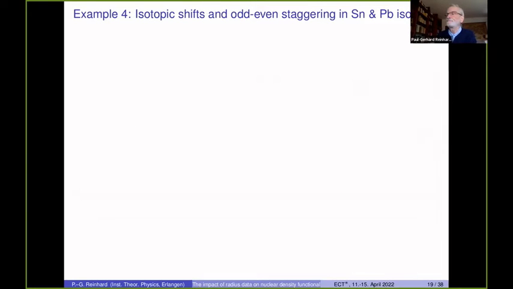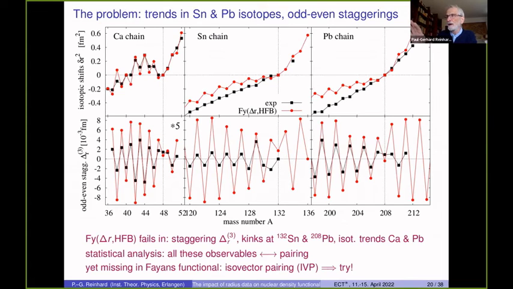Next examples. We continue with isotopic shifts and odd-even staggerings, but in heavier nuclei. So that is a heavy figure. Don't look at details, just take the taste. Here we have the experimental data, again black. That is the isotopic shifts you had seen already, here enriched by odd isotopes.